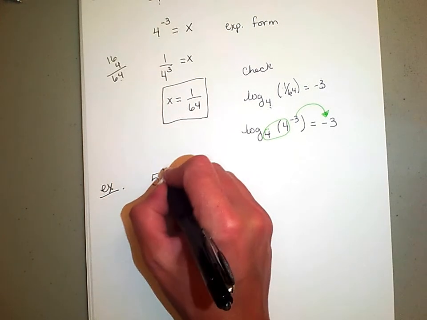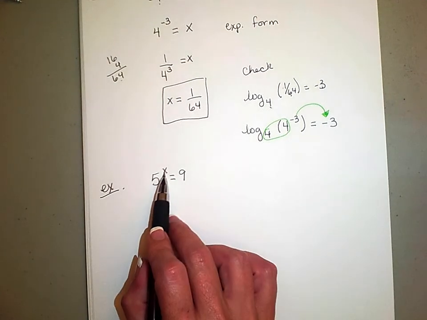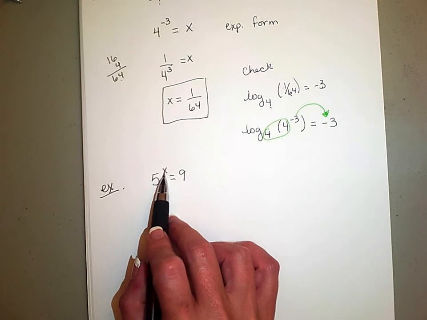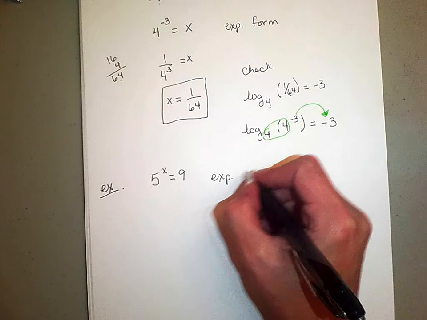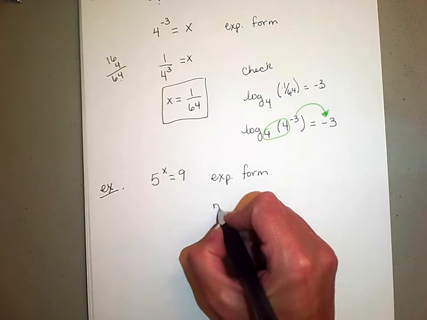We could have something like 5 to the x is equal to 9. The problem here now is that we need to get to the variable, and the variable's in the exponent. So in this case, it is an exponential form, but we need to get to that exponent, so we need log form.